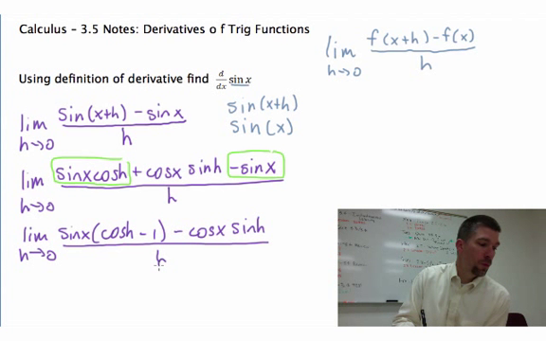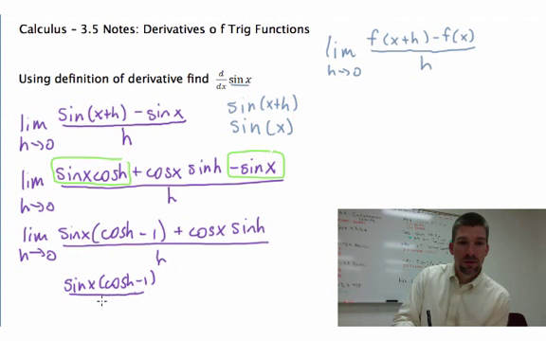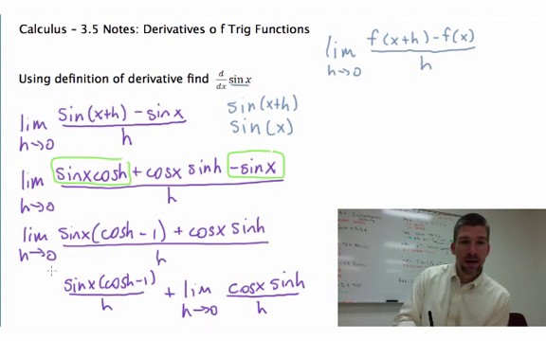And then what I'm going to do is break this up into two pieces, because with that addition symbol in here, I actually can work with sine x times cosine h minus 1 over h, and I can work with cosine x sine h over h, and I can do a plus, and I can work with each one of these guys independently now.